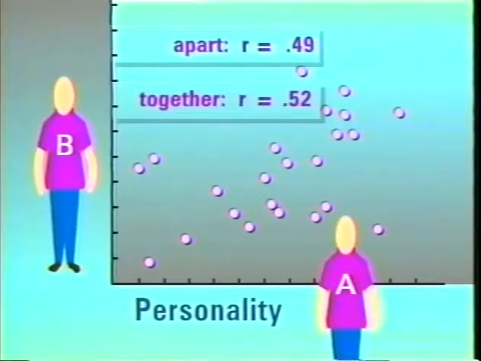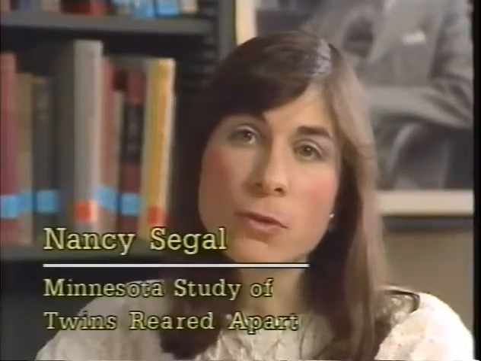One could interpret this as evidence that heredity plays a strong role in determining personality as well as height. The correlation between the twins raised together was the same as the correlation for the twins raised apart. This suggests that whatever is responsible for the similarities in personality between identical twins is not the influence of the shared home environment.